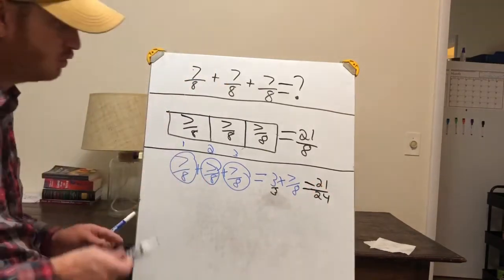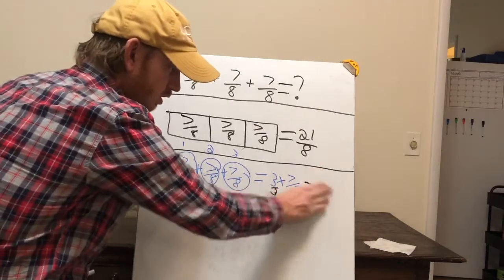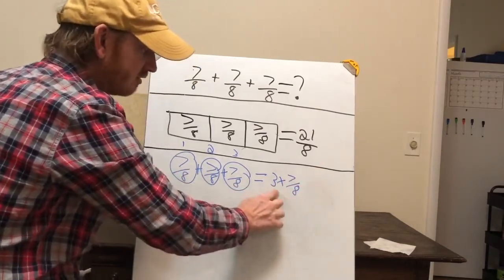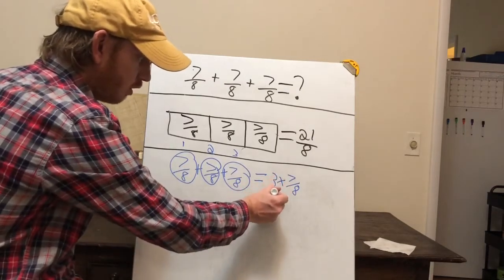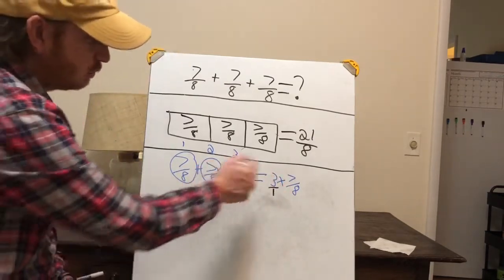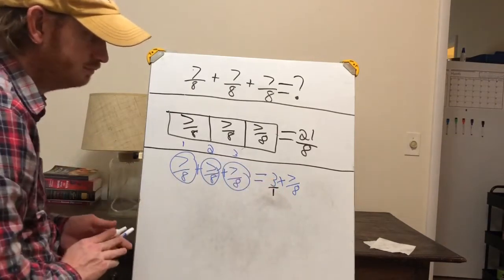But that's not what we're doing. We're multiplying it by 3. And you could almost think of that as saying 3 over 1. When you're dealing with a whole number, it's the same as saying that number over 1.